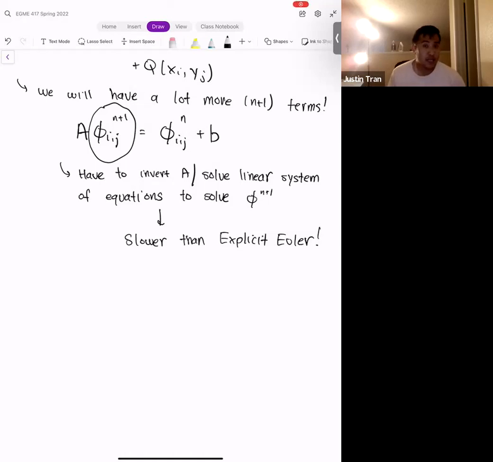Whenever you have an unsteady problem like this, you're going to run into problems of stability, right? Specifically, if you're running explicit Euler and your time step size is not small enough, then your solution might become unstable. But if you're using the implicit Euler, then your solution is guaranteed to be stable.